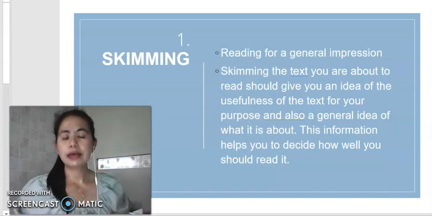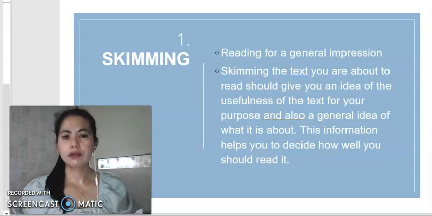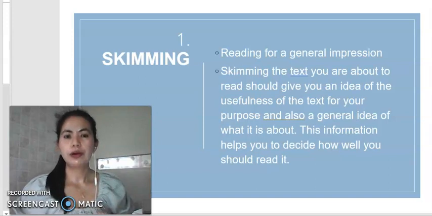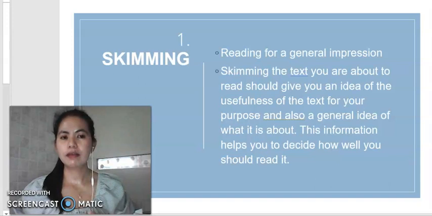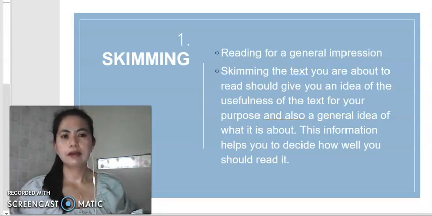So in skimming, it is to find the main idea of a text fast and also get a general impression, or to understand faster, or to read the most important parts such as titles, pictures, subheadings, paragraphs, and sentences.